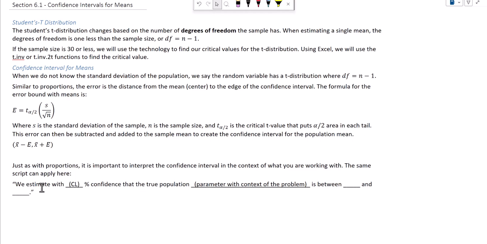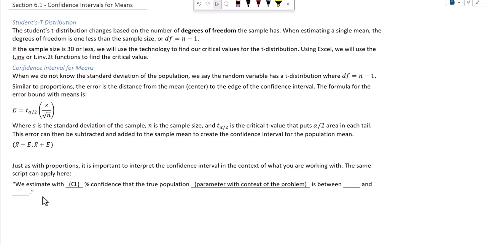We'll be making confidence intervals, but what they mean is actually the important part. Once we find a confidence interval, based on a confidence that we're given and an alpha, we can estimate with whatever confidence, say 95% confidence, that the true population mean is between whatever values we have.